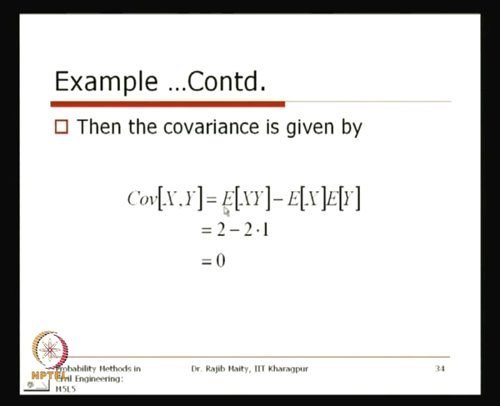So, the covariance is equal to, you know, the expectation of XY minus the expectation of X times the expectation of Y, which is equal to 0. Now, this is interesting. We started with the problem where we have seen that the covariance is becoming equal to 0. This may indicate, I should not say this indicates, that the covariance between X and Y equals 0 may be a result of X and Y being independent.